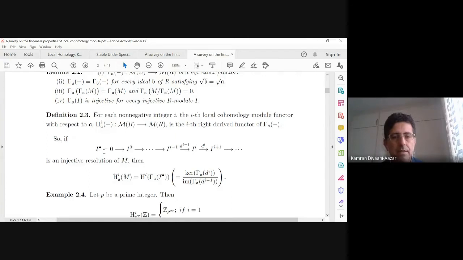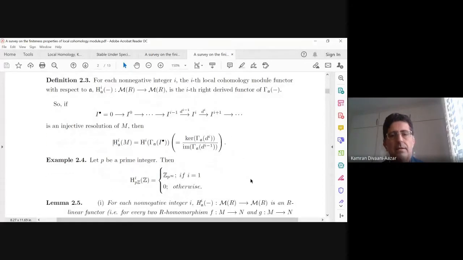It means that you should first apply the functor gamma A on this complex. Then the ith homology of the resulting complex will be the ith local cohomology of M with respect to A. So this is the kernel of gamma A of d^i over the image of gamma A of d^(i-1).